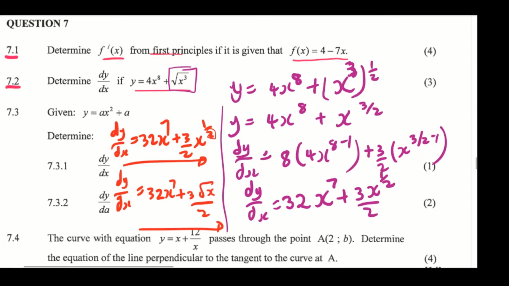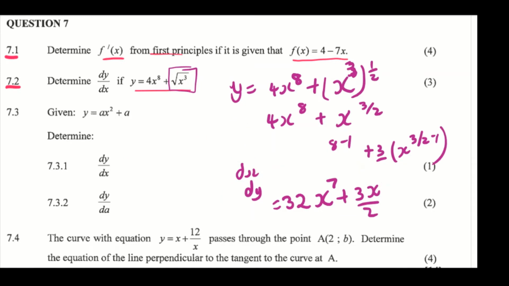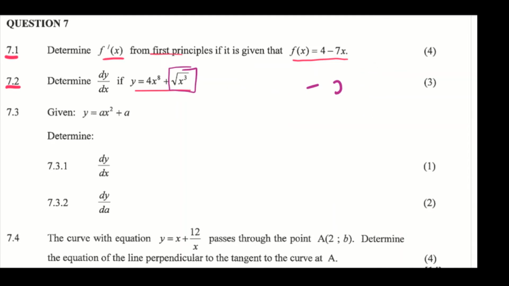Let's do 7.3. We are given y is equal to ax squared plus a, and we're asked to find the derivative with respect to x. So you're deriving y with respect to x.